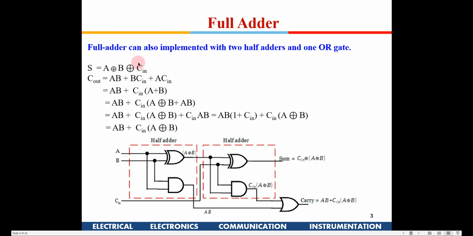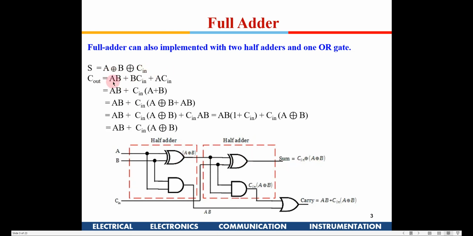We know that for a sum, if there is only a single one or there are 3 ones, then the sum output has to be 1, right? So we can just place 2 half adders, take the sum from the first adder and then put the carry in there, so you get the sum total. So this will become C in XOR A XOR B. This is how the sum can be straight away implemented.